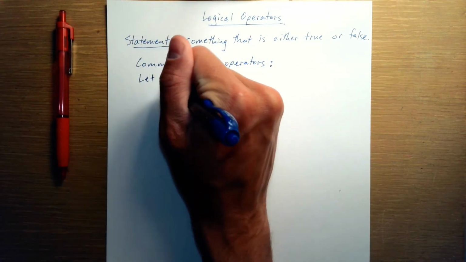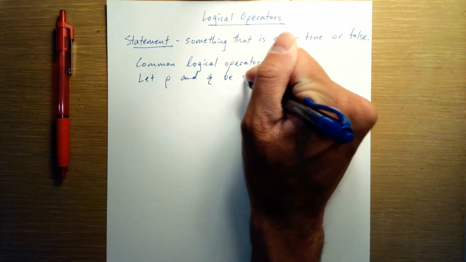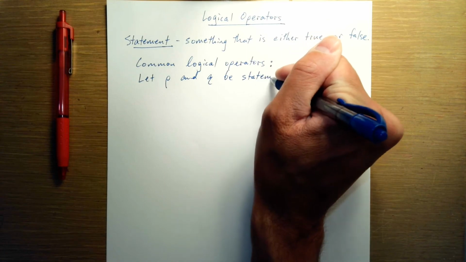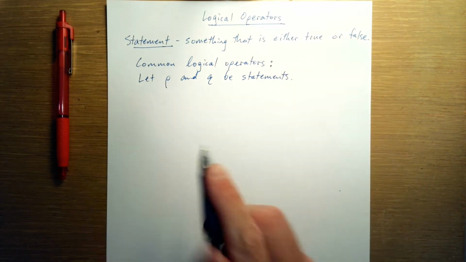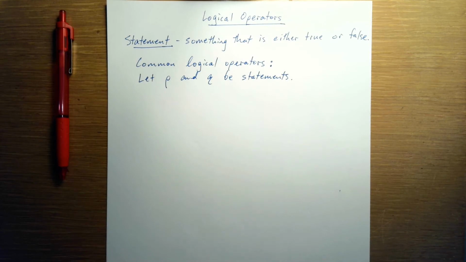So let's say first let P and Q be statements. Again, P and Q are both things that are either true or false. We don't know exactly what they are, but they're just placeholders, kind of like variables.